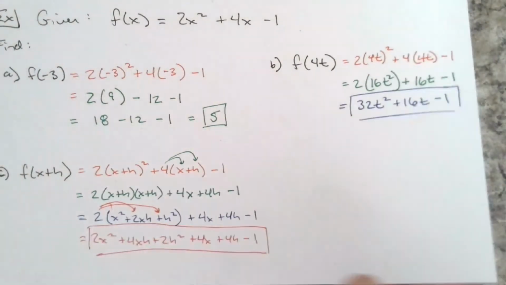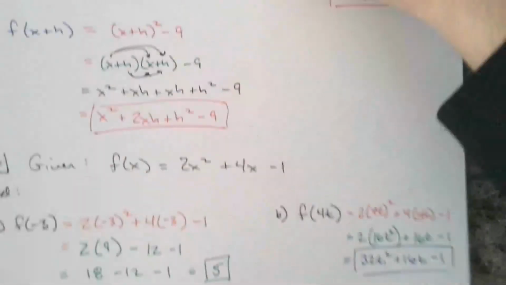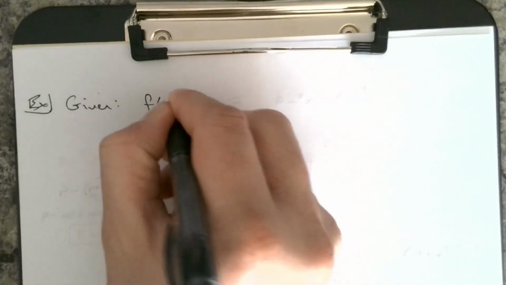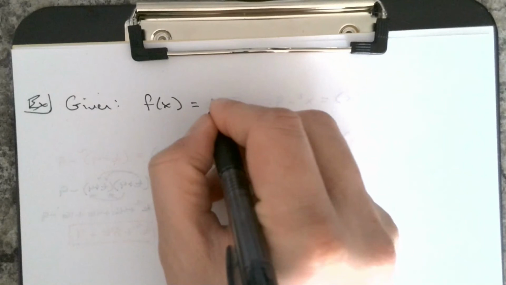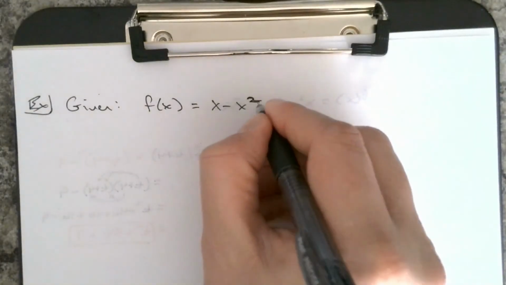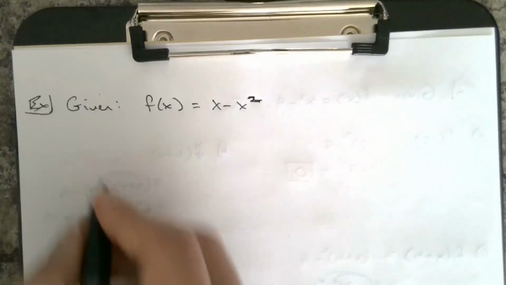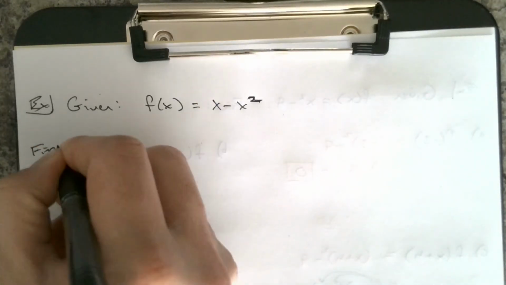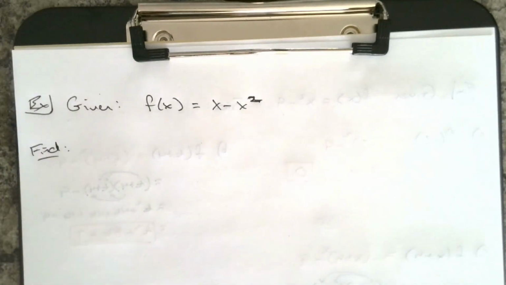And let's take a look at this here. So if I said, given f of x equals x minus x squared, we're going to find the following.